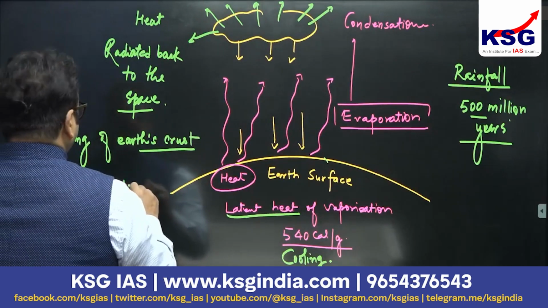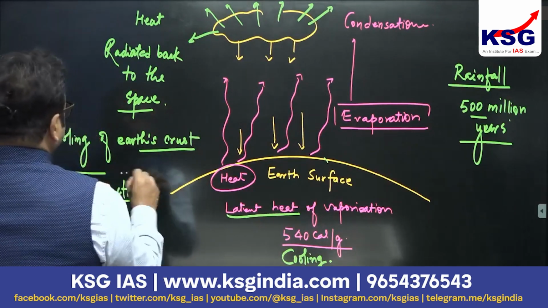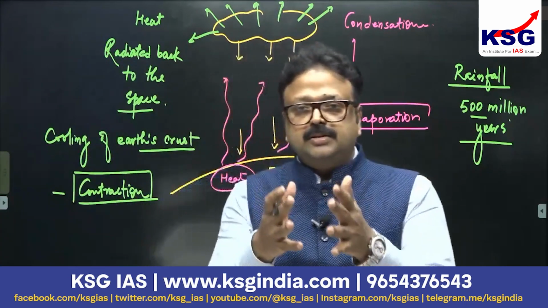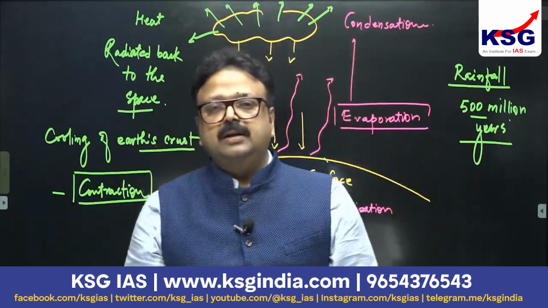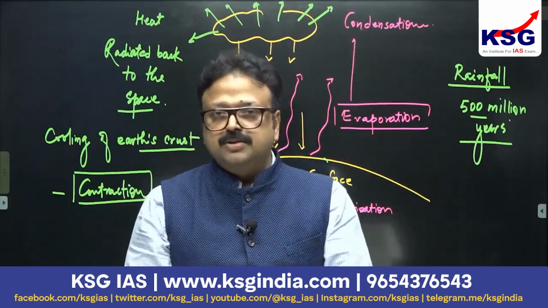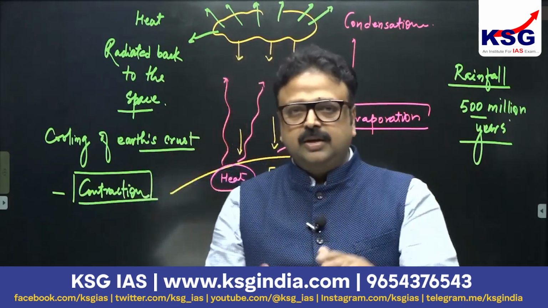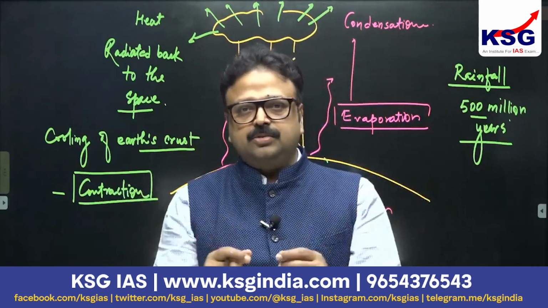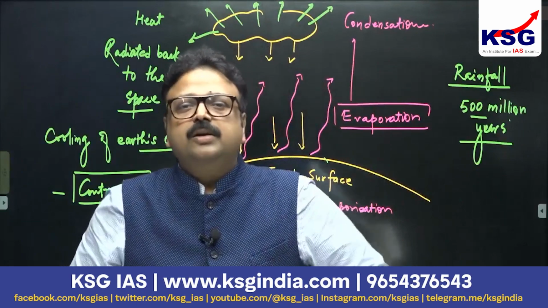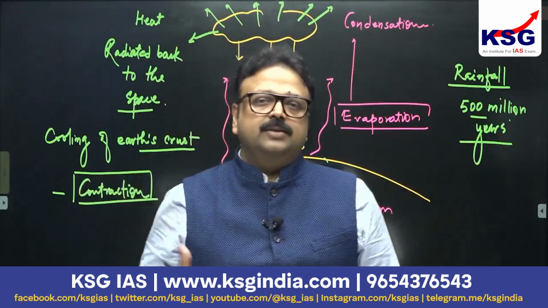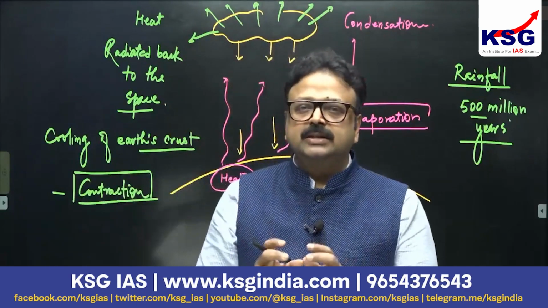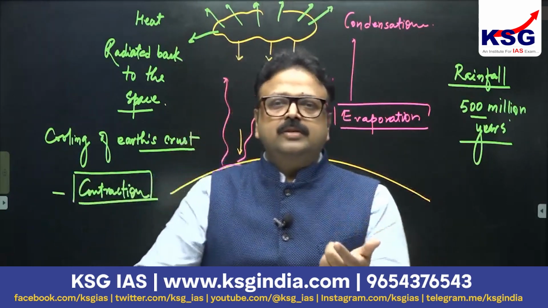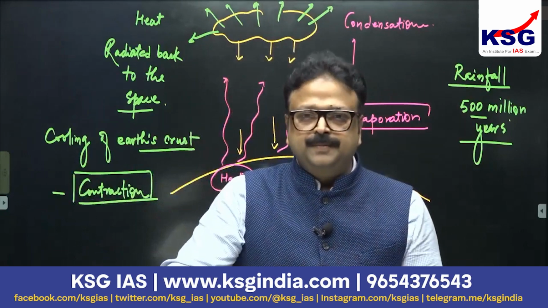You have this thermal contraction and thermal expansion. When there is an increase in temperature, substances get expanded. That is called thermal expansion, and if the temperature lowers down, then the substance gets reduced, so that is called thermal contraction. So contraction occurs, and as you know, this earth crust has variable minerals, so the rate of contraction is also going to vary.